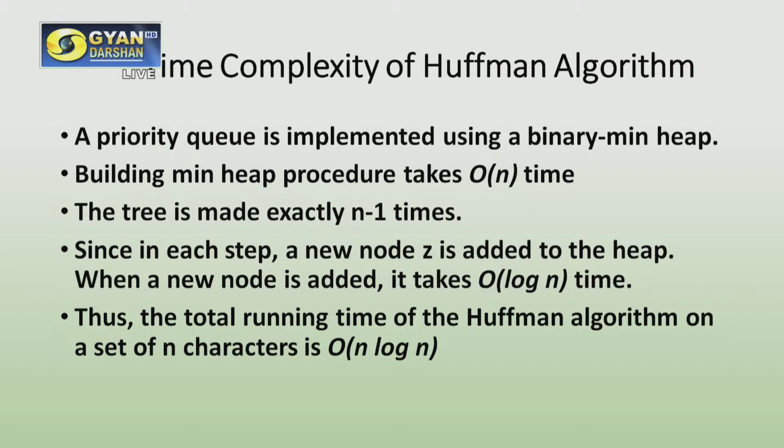Since at each step a new node z is added to the heap, it takes order log n time, as we have discussed earlier. Thus the total running time for Huffman code on a set of n characters is order n log n only.